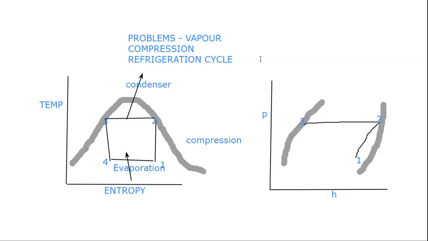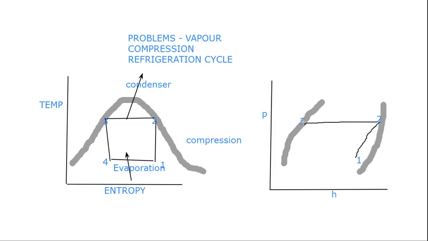Now, 2 to 3 is condensation. After that, what is the process? 3 to 4 is the expansion process, right? But if you remember, the expansion is an isenthalpic expansion. That means it will be a vertical straight line on the pH diagram.